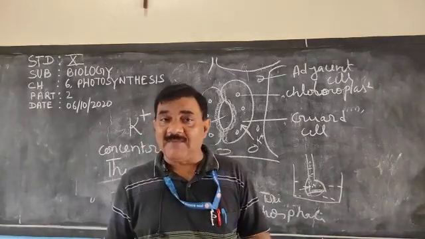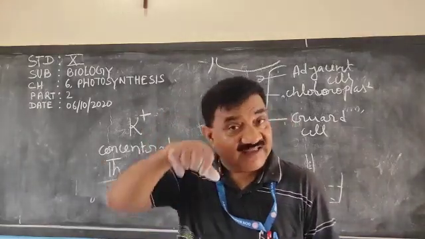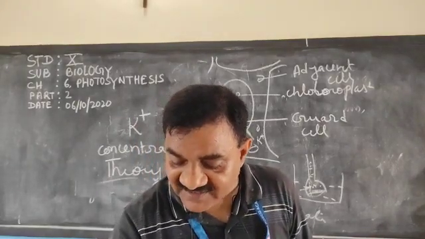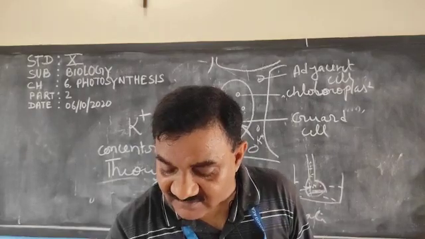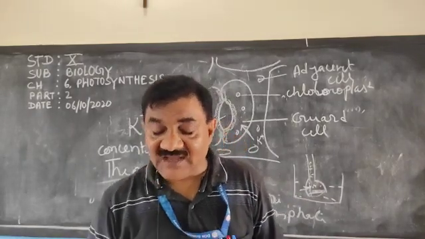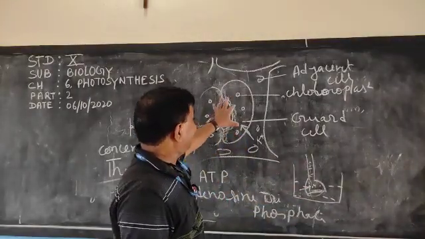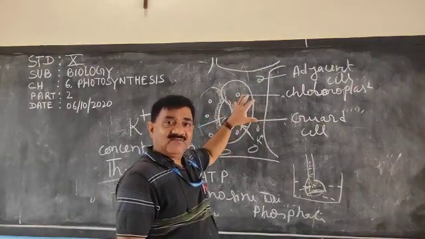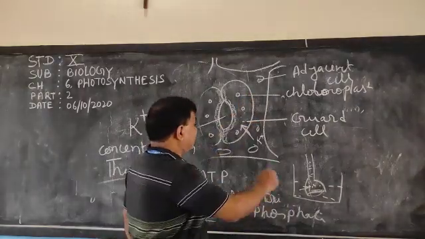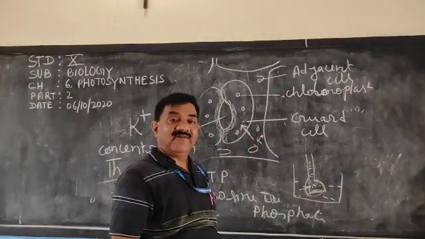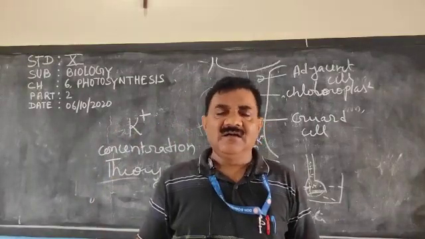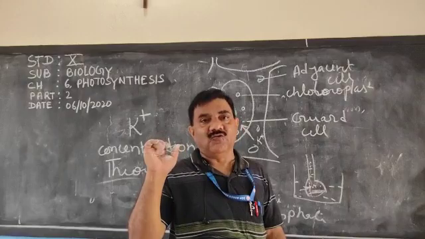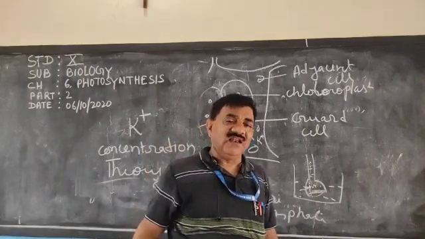As a result, the guard cell will contain more potassium ion, and this ATP is used to actively pump the potassium ion of the adjacent cell into the guard cell, and the gradient becomes high. When the gradient becomes high, it absorbs water, the guard cell becomes turgid, and the stoma opens.